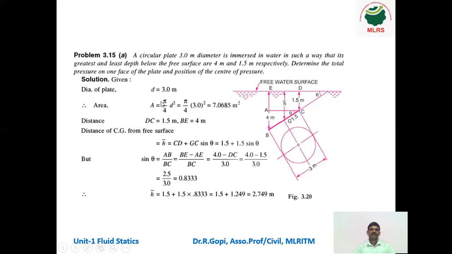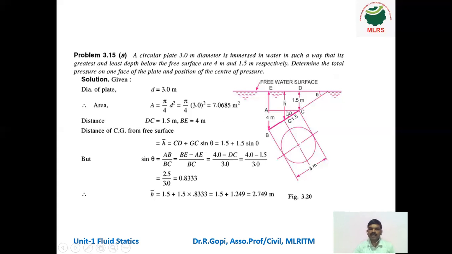Now calculate the height H bar. How to calculate this H bar value? Now you can see the distance of CG from the free surface, that means from G point to the free water surface. Here the CD point we already know, this is 1.5 meter.